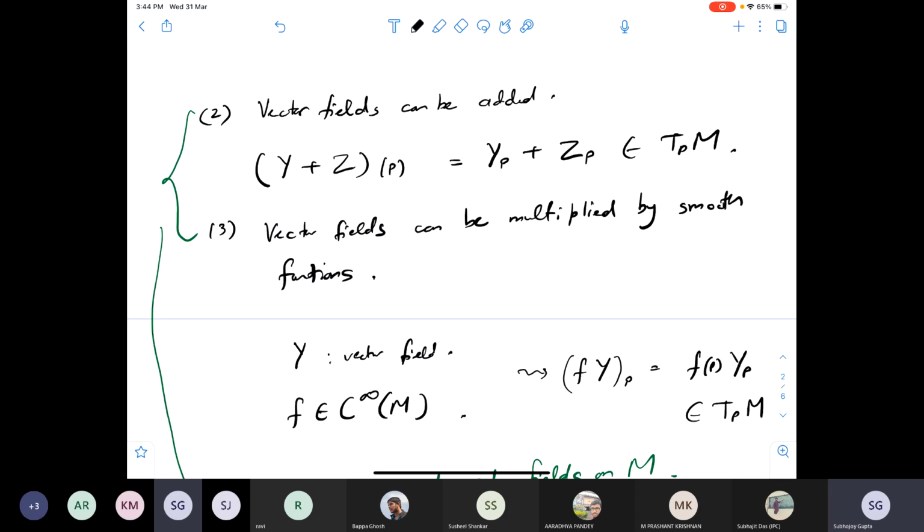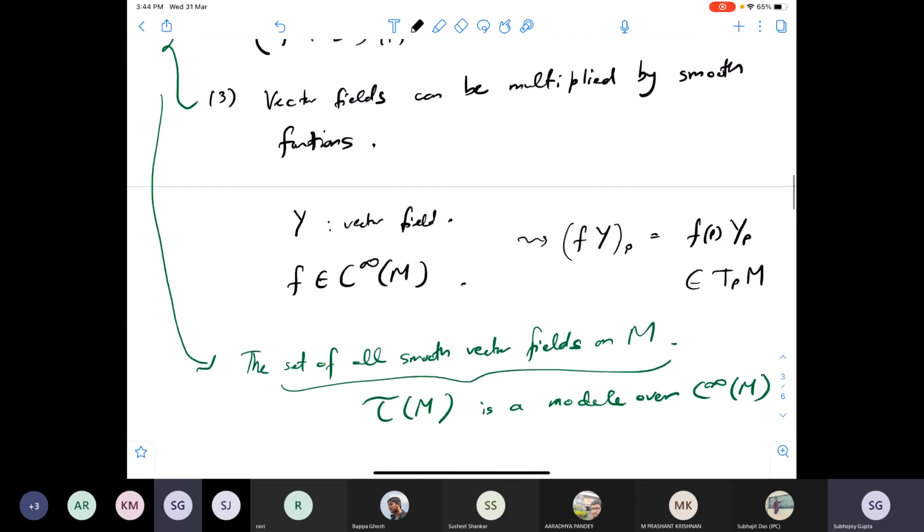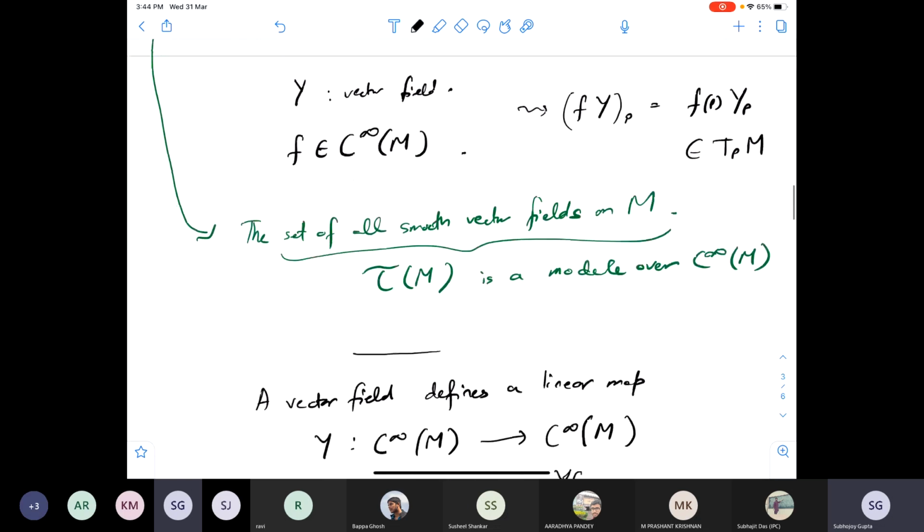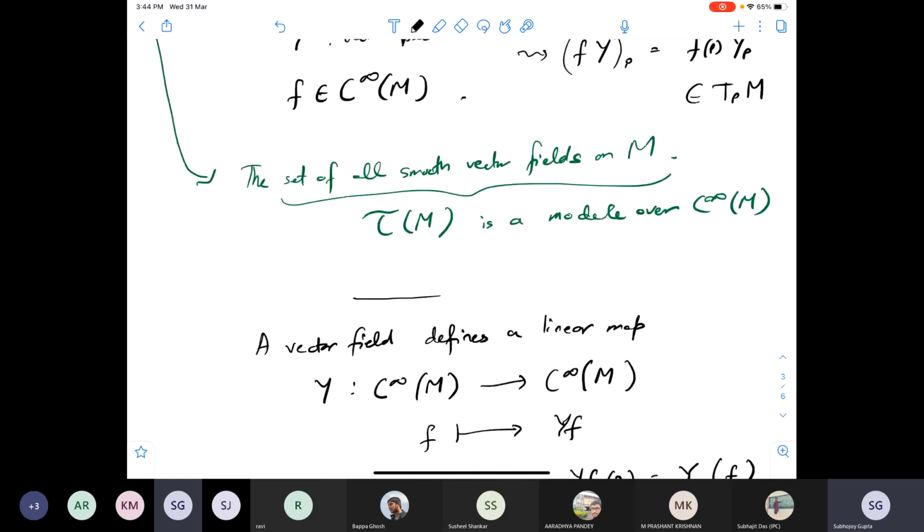Once it's a module, you can think of all this algebraically, as linear operators and so on. But typically these will be between infinite dimensional spaces. These are operators from C infinity M to C infinity M after all.